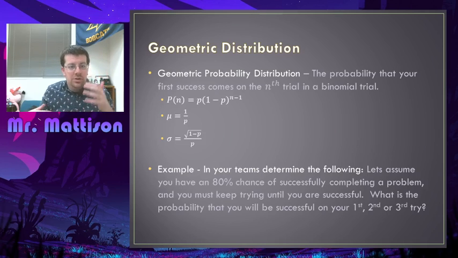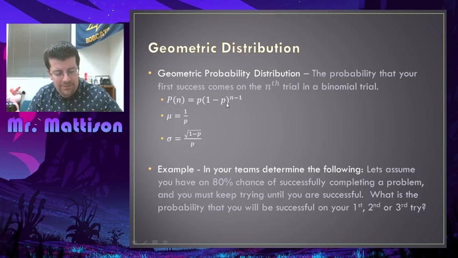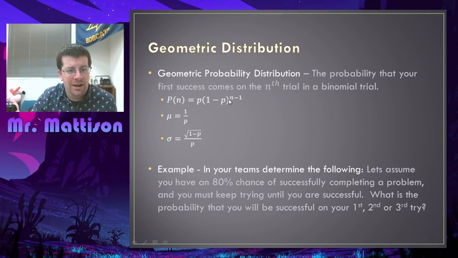Well, for my first try, for n being 1, that would be 0.8, because that's my probability of success, times 1 minus 0.8, or 0.2, because that's my probability of failure, raised to the 1 minus 1, which is 0, because I don't fail here. I just get it right, I'm done. So it's just 0.8 for my probability of getting it right on my first go. You could probably figure that out without the equation, but just for the sake of being complete.